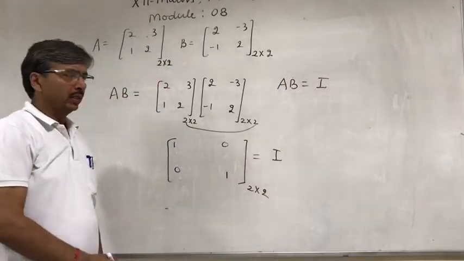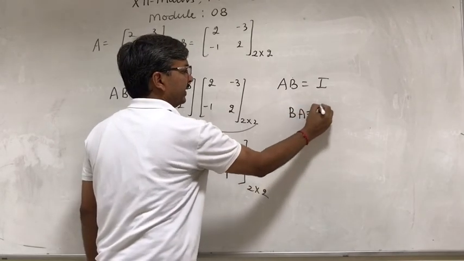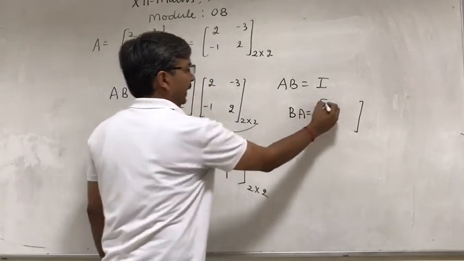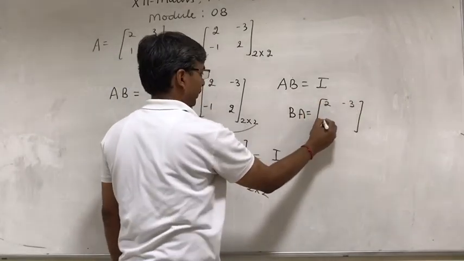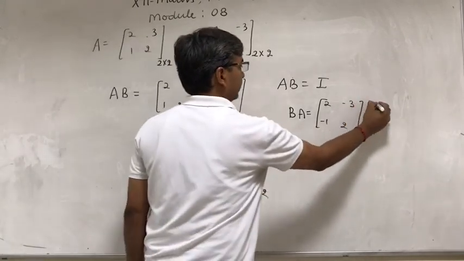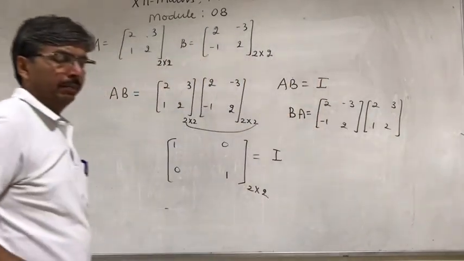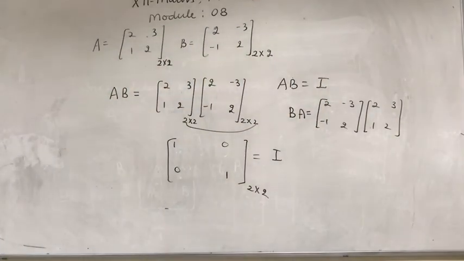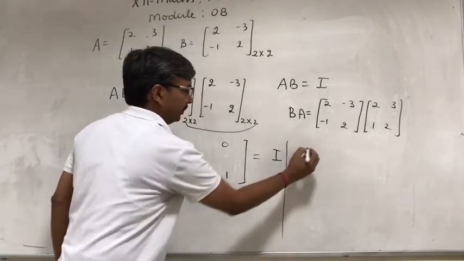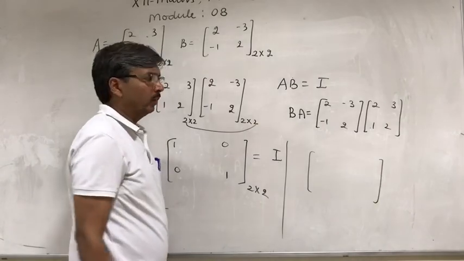And now see what is BA. B is 2, minus 3, minus 1, 2 into A, 2, 3, 1, 2, and multiply these two. Again we will get a matrix of order 2 by 2.